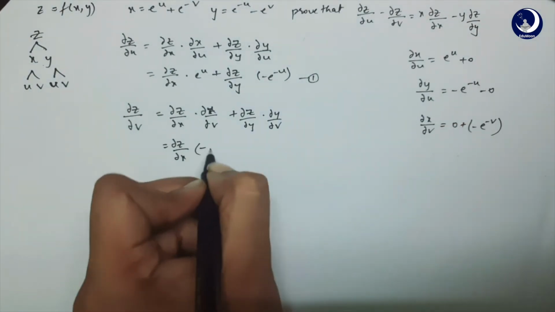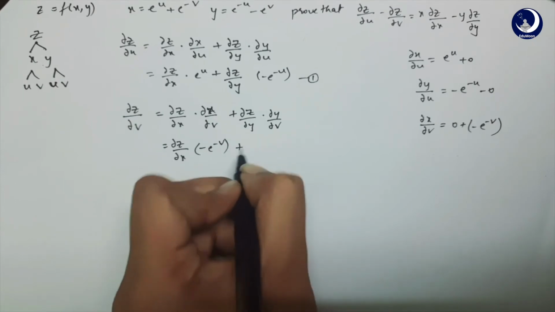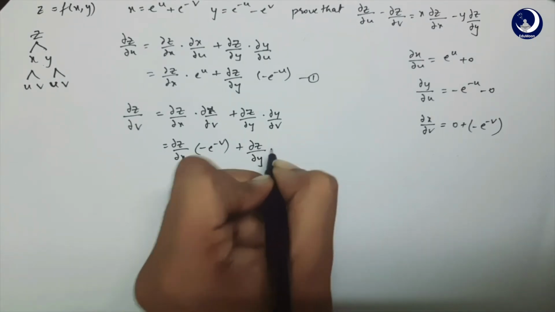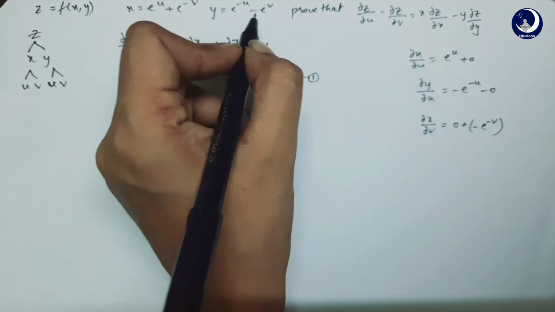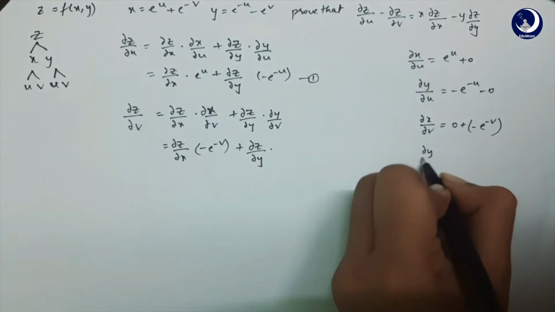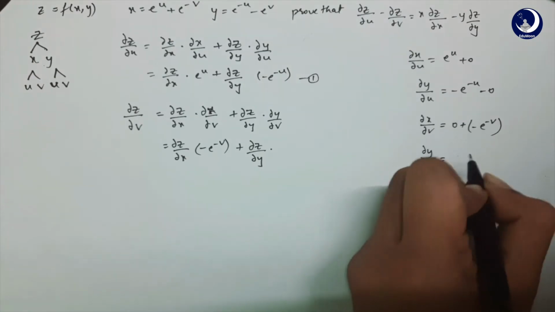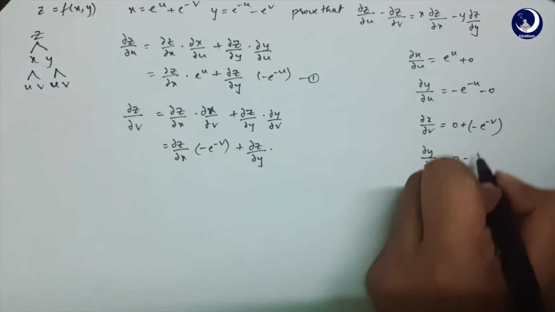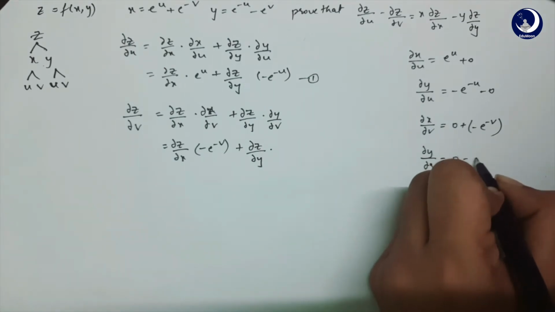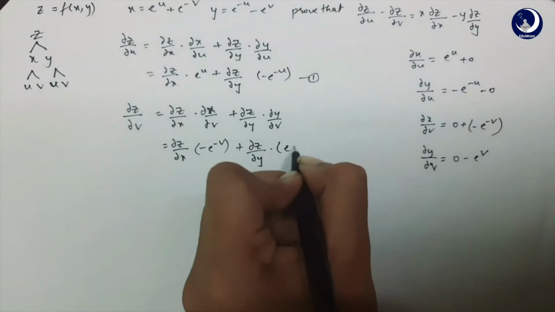So that is minus e power minus v plus ∂z/∂y into ∂y/∂v. So we're differentiating this equation with respect to v. We get ∂y/∂v equals, u is constant, so that is 0 minus e power v with respect to v is e power v, and we get e power v.